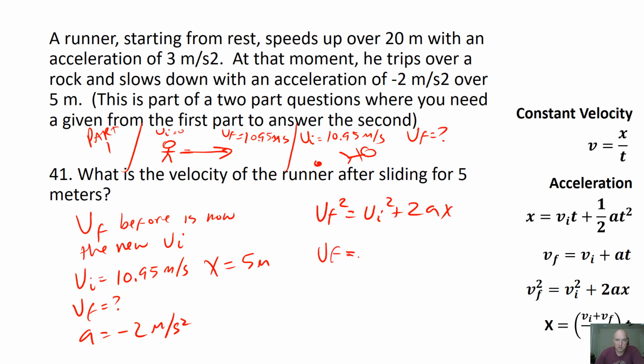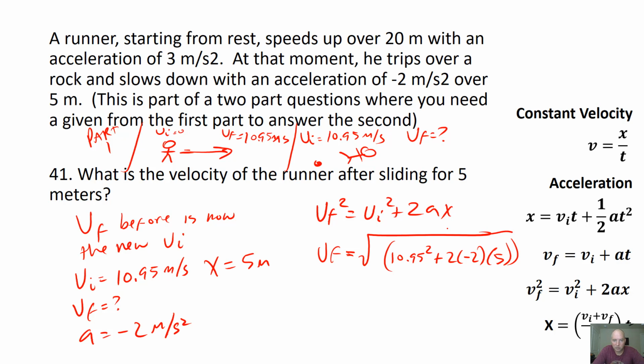So VF equals the square root of VI, which was 10.95, squared, plus 2 times negative 2 times 5. So when we take this final answer, we put 10.95 squared in the calculator plus, open parentheses, 2 times negative 2 times 5, close parentheses, equals.